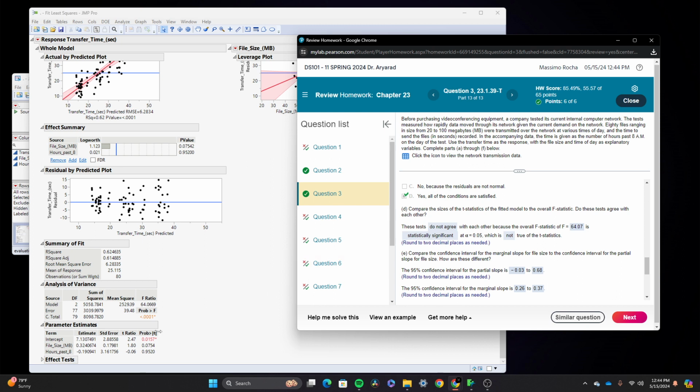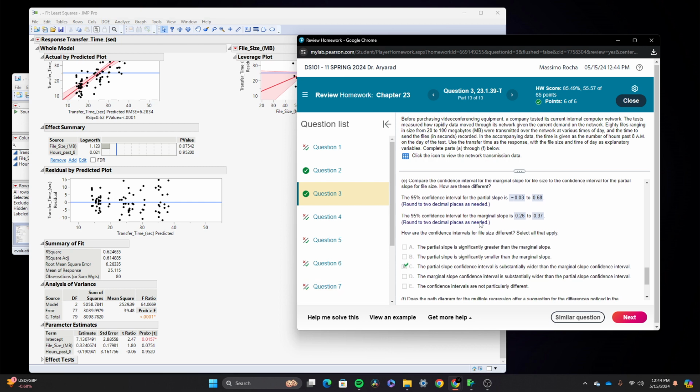Because if we look right here, at hours past 8, it is not less than 0.05. That's why it is not true. So they do not agree, because this one right here, and also file size, yeah. File size and hours past 8 do not agree, because they're not less than 0.05. So that's how we got this answer right here.